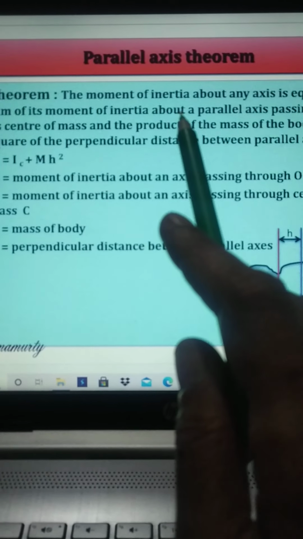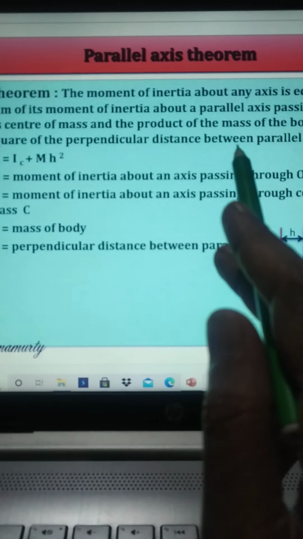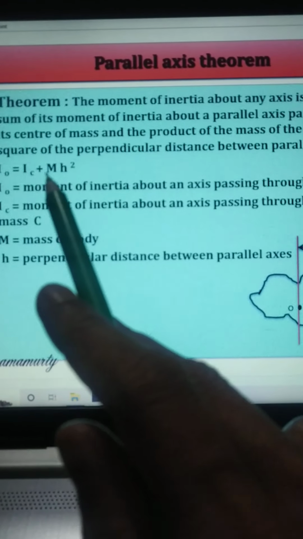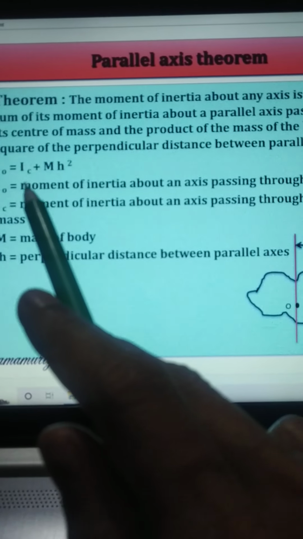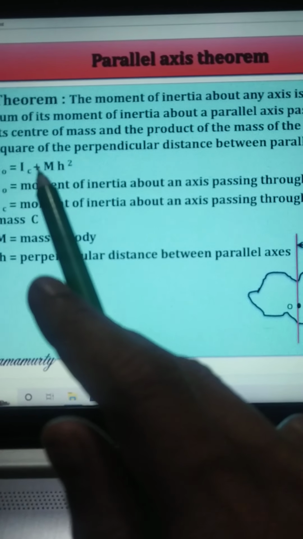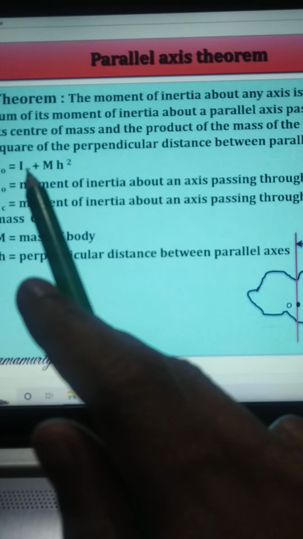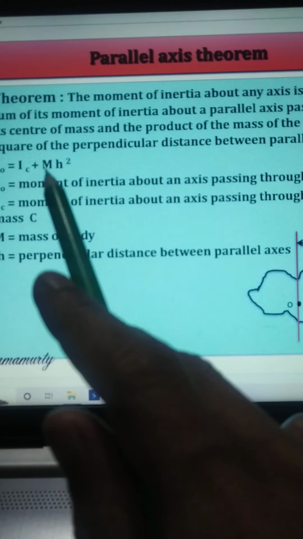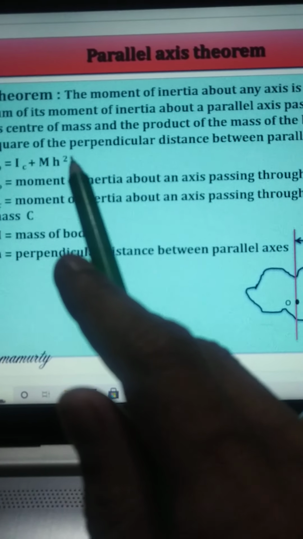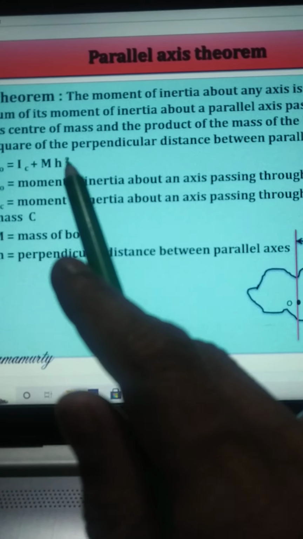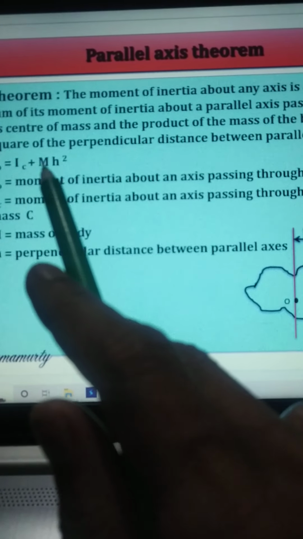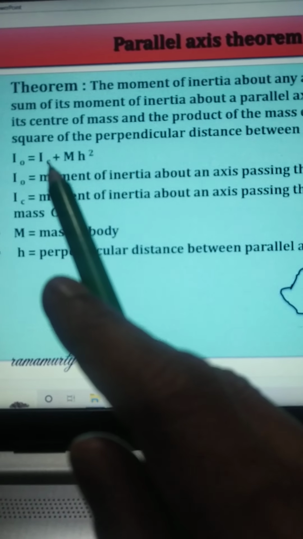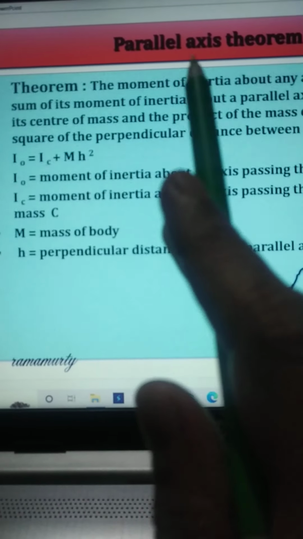The statement: the moment of inertia about any axis is equal to the sum of its moment of inertia about a parallel axis passing through its center of mass and the product of the mass of the body and the square of the perpendicular distance between the parallel axes. So this is the statement, and then we write the formula mathematically.